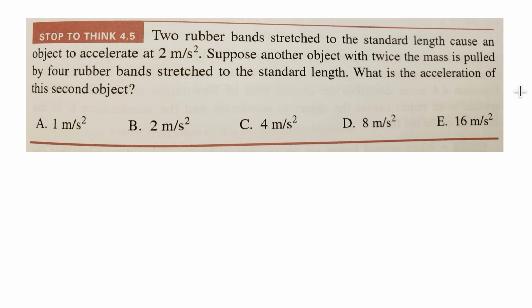Okay, so the force and the acceleration are related in what way? They're directly proportional, which means if I doubled the force, what did I do to the acceleration? I doubled the acceleration. Okay? So now I have twice as much acceleration as I had before. But I also doubled the mass.